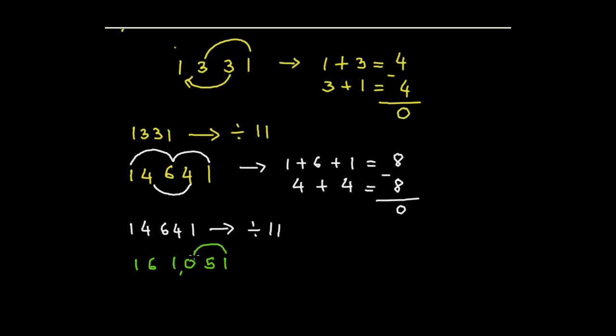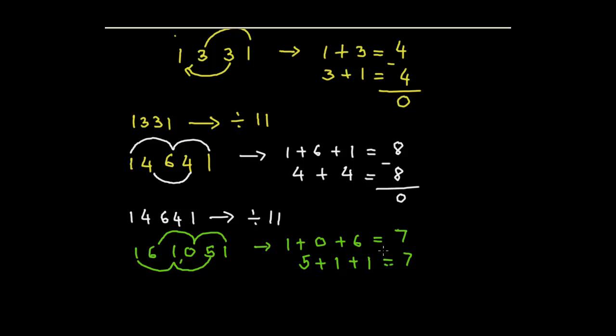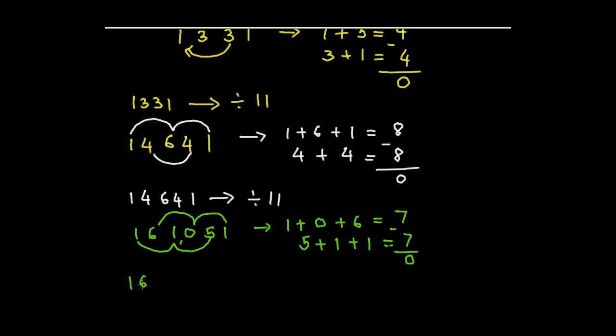So 1 plus 0 plus 5, which is 6. Then 6 plus 1 plus 1, which is 8. Now we'll subtract these two numbers. We'll get 0. So the given number 161051 is divisible by 11.